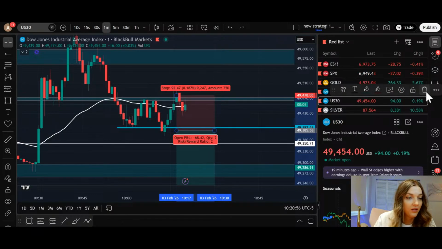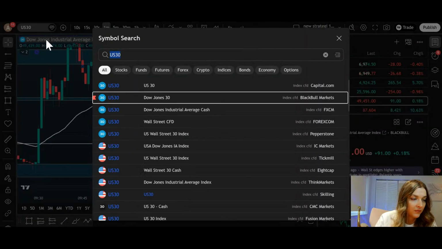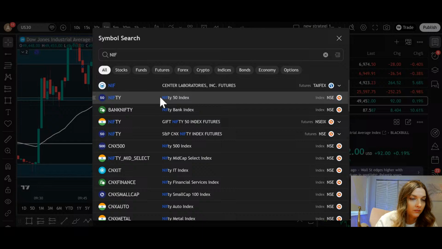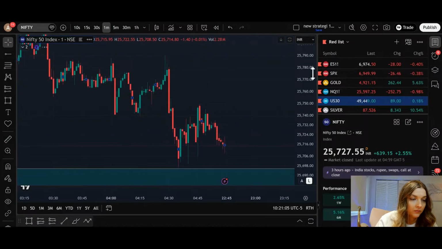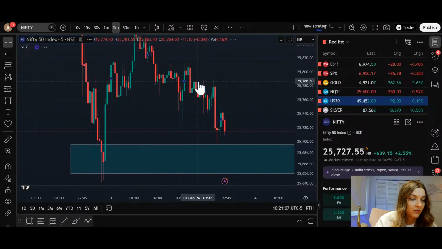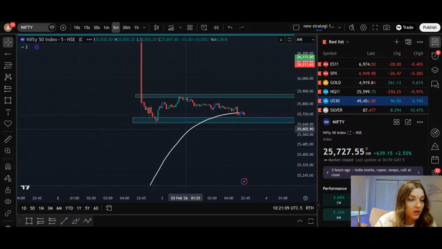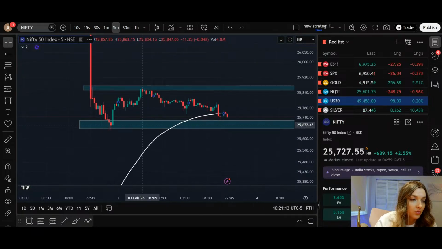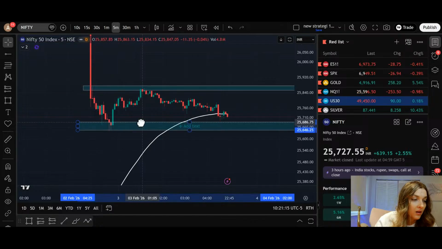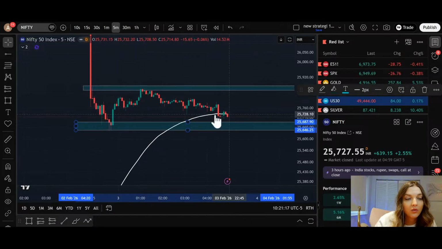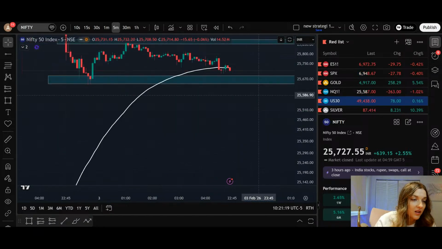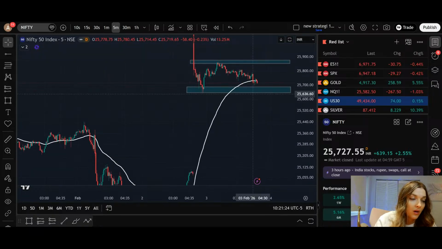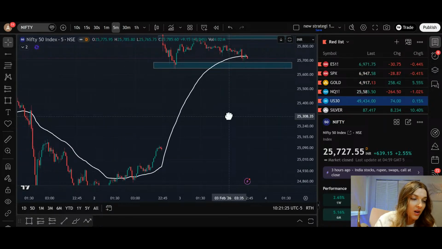Nifty 50. Did I say the Nifty? Here, watch it here. Watch to break this area here, and then the price is below the EMA. If you're an aggressive seller, you can go down after it breaks the area and fills the gap.